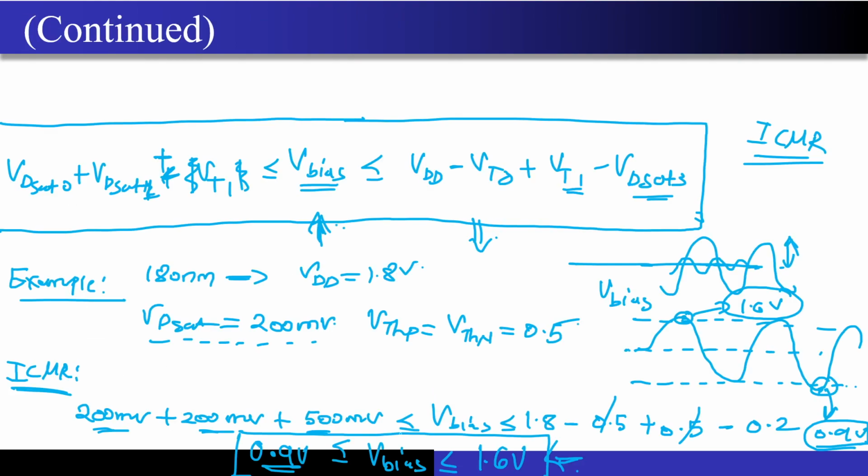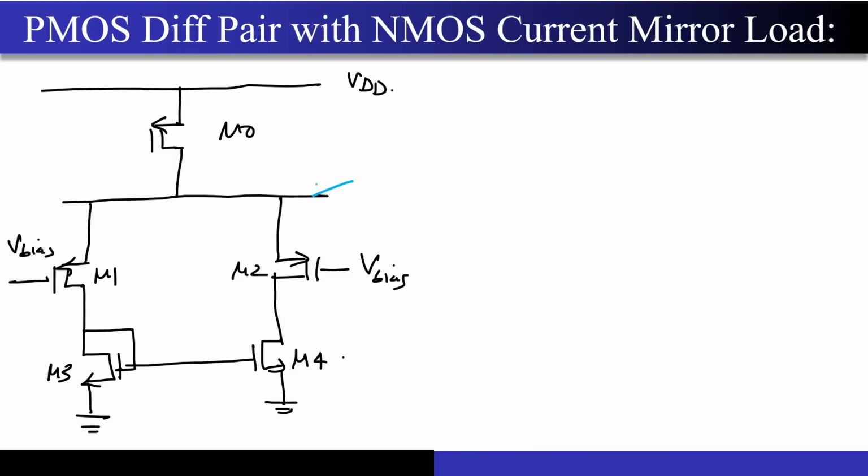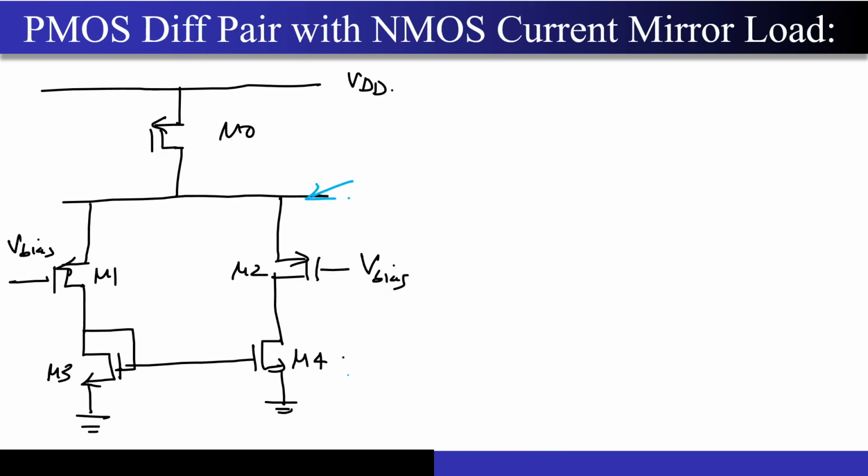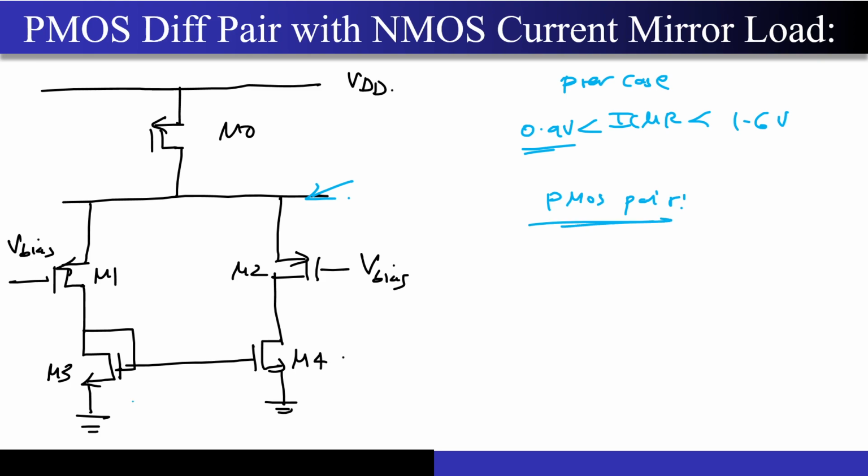The only thing is why we are working with this PMOS diff pair over here. Remember, the ICMR in the previous case came around 1.6 volts to 0.9 volts. Now in the case of the PMOS pair, since you have an NMOS current mirror load, what you will see is that this ICMR was biased towards the VDD.